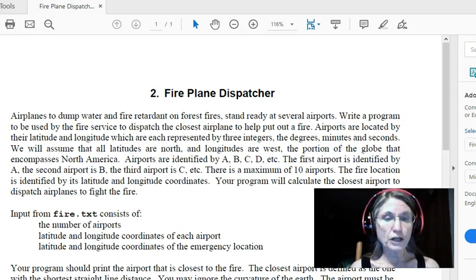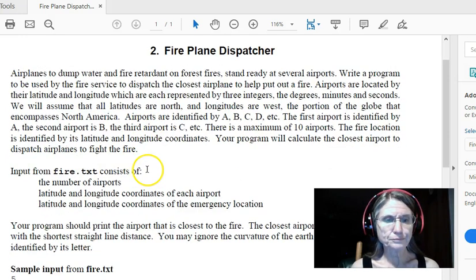Let's first look again at the actual problem. We're told that airplanes are standing at the ready at one of several airports, or one plane at each of several airports, and that you're going to write a program so that the best choice of plane is dispatched to a fire.